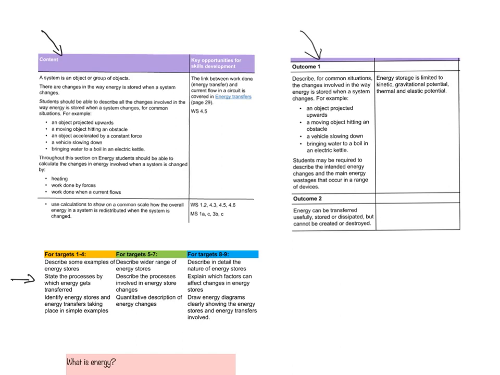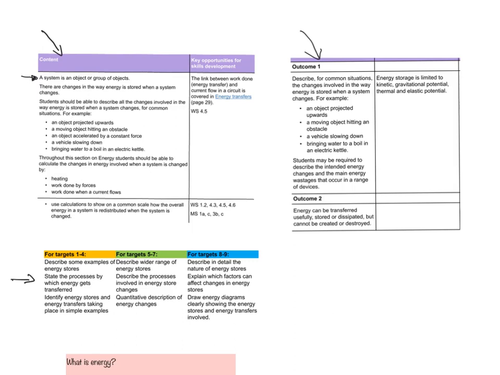If the ball is thrown in normal air, then this ball and the air will be part of the system. So we'll look at this in more detail as we go through it. But you do need to know what a system is for double and triple physics. Please do make a note of that definition.